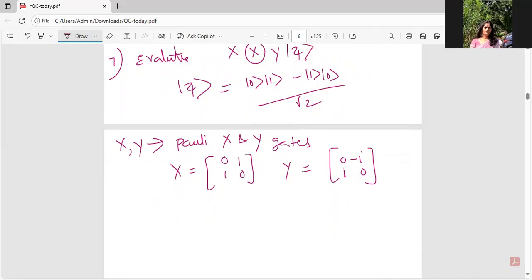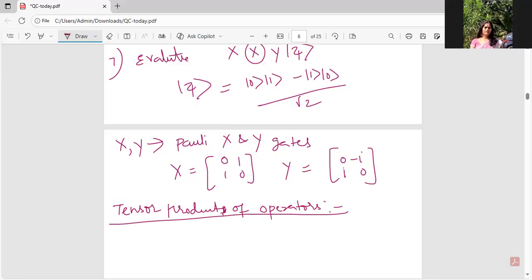Whenever I'm calculating the tensor product of operators, the tensor product of kets is easy, guys. The tensor product of operators is a bit tricky. You ought to know about it. Of course, once you know the small logic, you will do it easily. Suppose I have operators X and Y. Please see here.